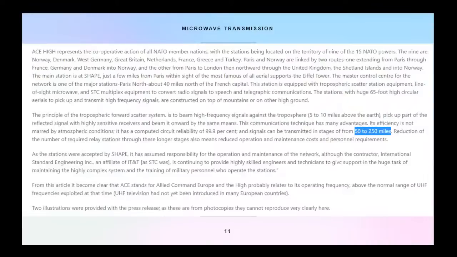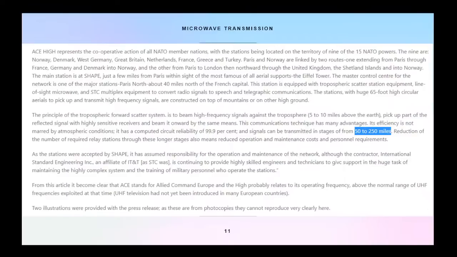So here we go with ACE High, which is a system that was done in NATO predominantly around the Cold War time. ACE-High represents cooperative action of NATO member nations, with the stations being located on the territory of 9 of the 15 NATO powers. I'll come down here a little bit. The Master Control Center for the network is one of the major stations, Paris North, about 40 miles north of the French capital.